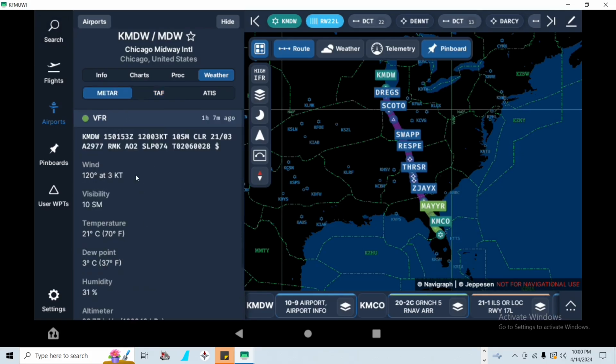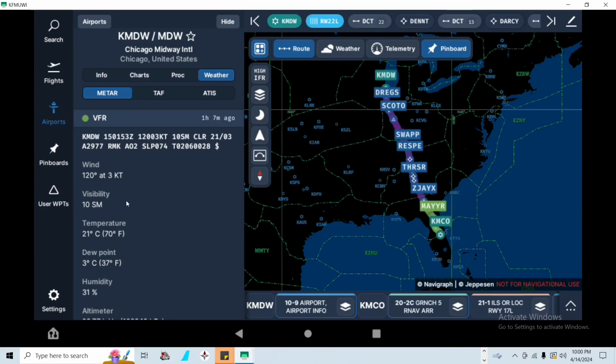We go to the METAR tab here, and there's a lot more that goes into some of these reports. If you want to know a little bit more about each one, just let us know, and we'll do our best to get that information out to you. But let's go over the METAR here.